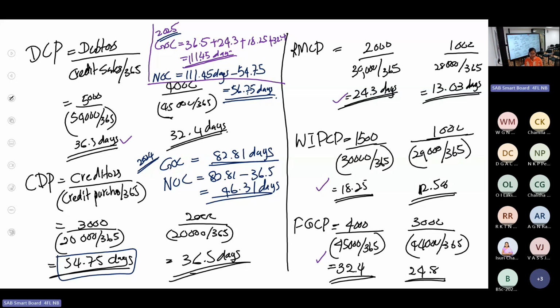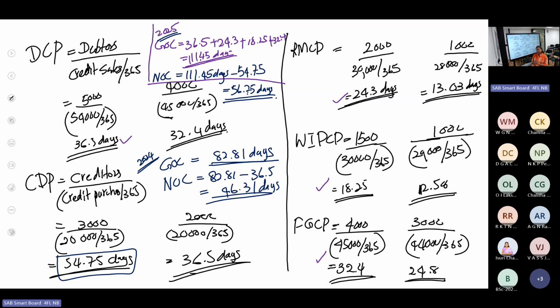Compared to 2025, 2024 has the lowest balances for these ratios. That means the time period they spend on converting raw material into collected cash in the gross operating cycle is only 82 days, compared to 2025, where they have to spend more than 100. That means more than 3 months, right?